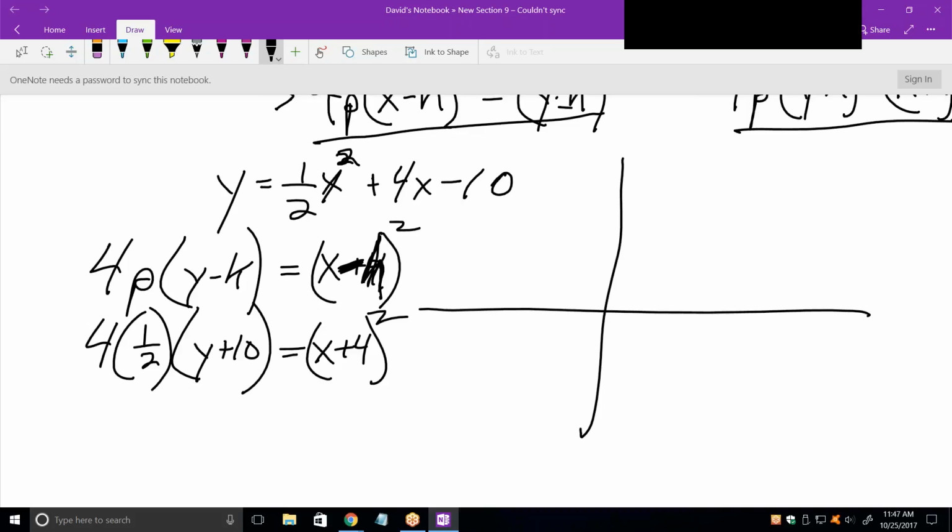So what are h and k? 4 and 10? It's x minus h and it's y minus k. Well, let's see if that works. If I substitute 4 for h, I get x minus 4.